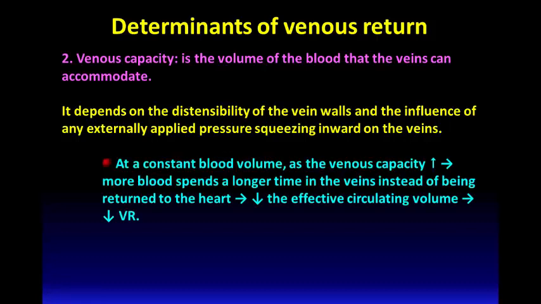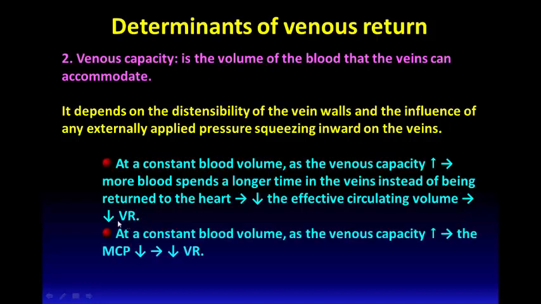At a constant blood volume, as the venous capacity increases, more blood spends a longer time in the veins instead of being returned to the heart. Thus, the effective circulating blood volume decreases and the venous return is decreased.